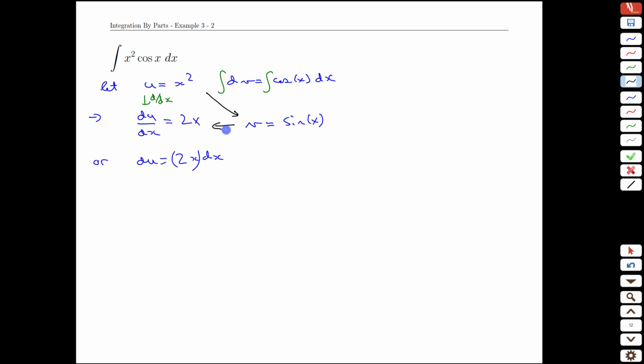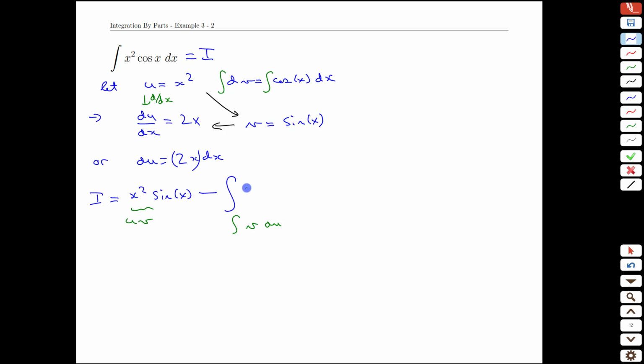We now need just to fill in the integration by parts formula. It's often convenient here to label the first integral some letter so we can tidy up or at least simplify how much we're copying. This original integral, because we've divided into u and dv parts and applied these calculations, we can now replace with the uv out front, integration by parts, uv, x squared sine of x, minus the integral of v du.